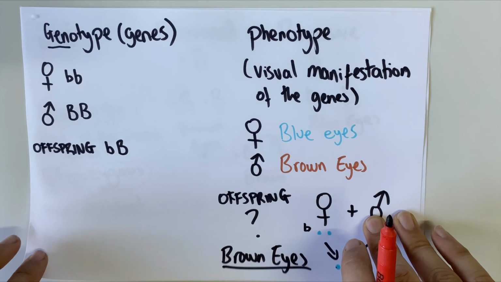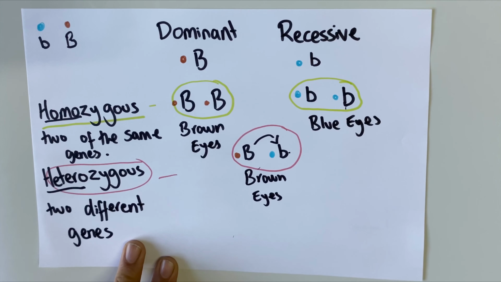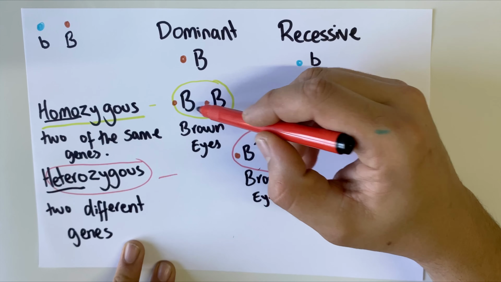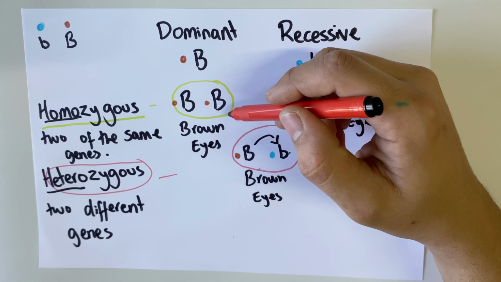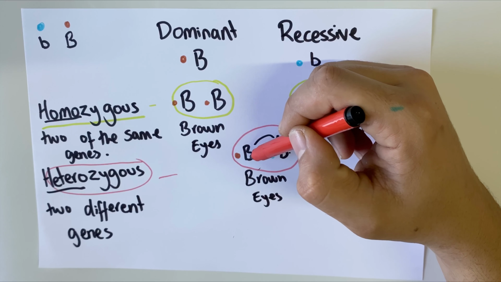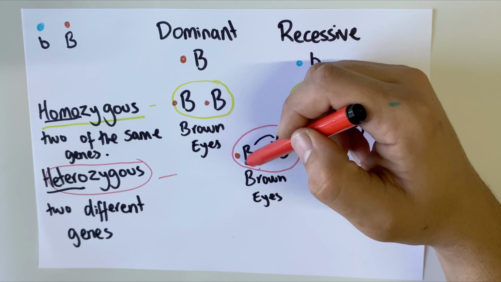And we looked at the fact that dominant is a gene where only 1 copy is actually needed. It's a stronger gene. It's where only 1 copy of that gene is required for us to visually see that gene manifest.